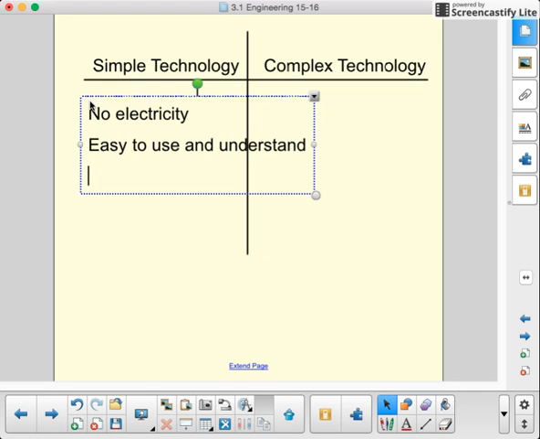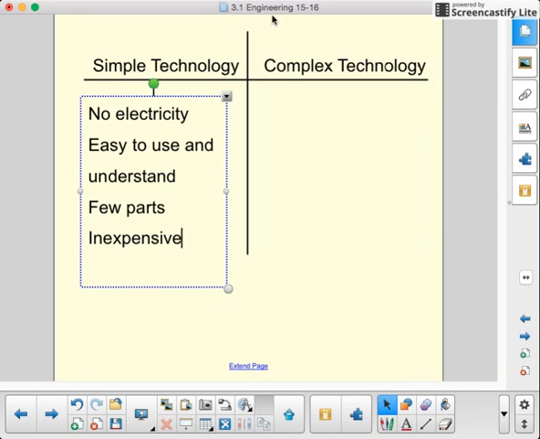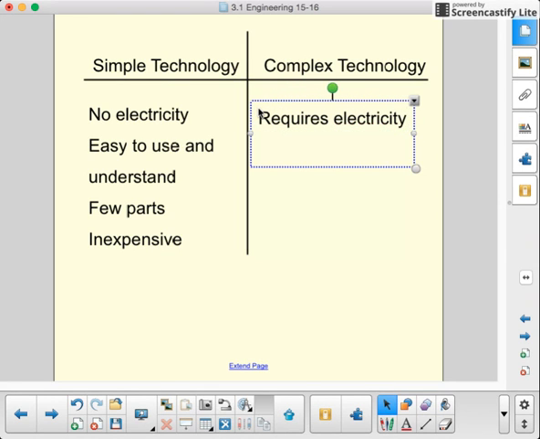In contrast, complex technology does require electricity. It's complicated.